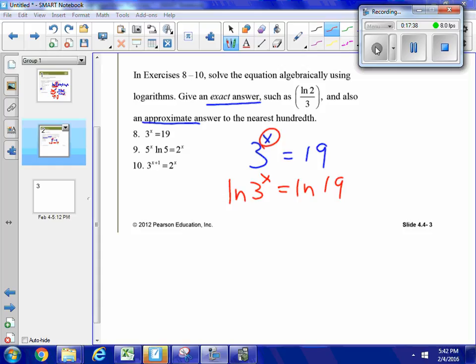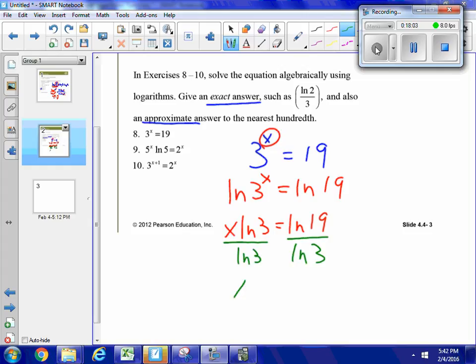But now, because of the power rule, I can change this to x ln 3 is equal to ln 19. And ln 3 and ln 19, they're just numbers. So I'm going to divide both sides by ln 3.